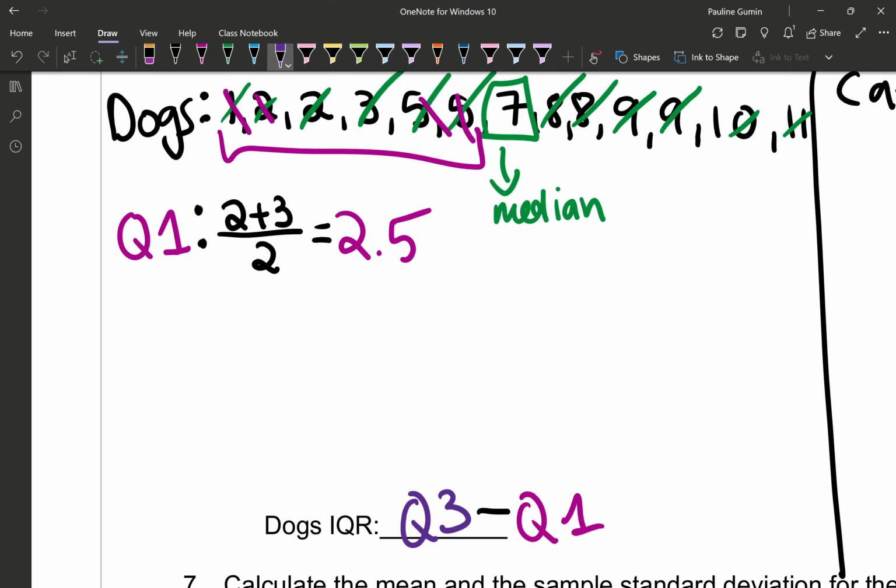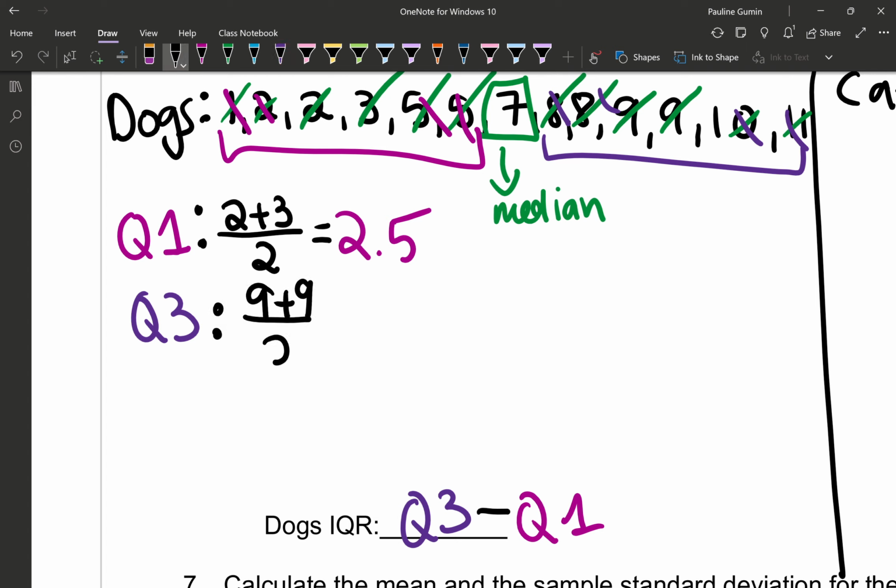Let's take a look at Q3. Q3 is the median of this side. And it looks like we've got two numbers in the middle there. Let's find out what Q3 is by adding the two numbers, so 9 plus 9, and dividing the answer by 2, which gives us 9.